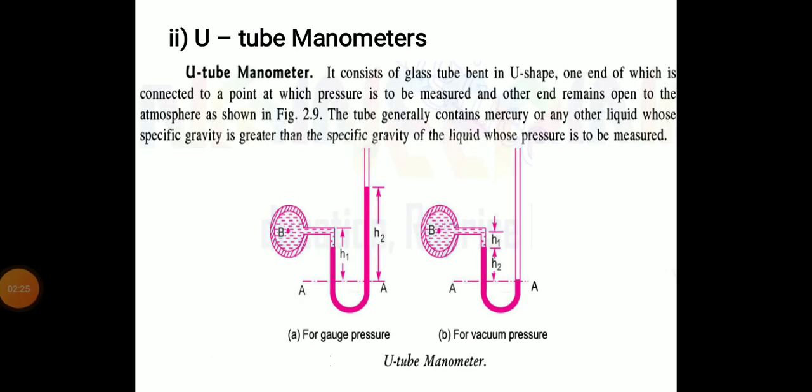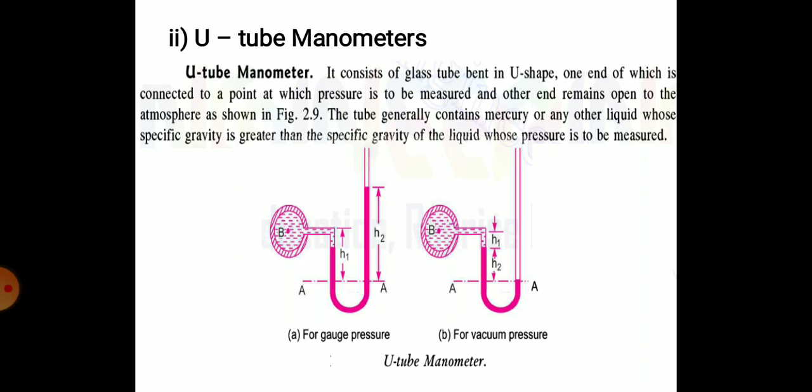Then the second type is U-tube manometer. As name indicates, the shape of this manometer is U shape. It consists of a glass tube bent in U shape, in which one end is connected to a point at which pressure is to be measured.